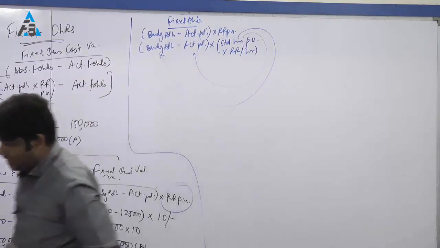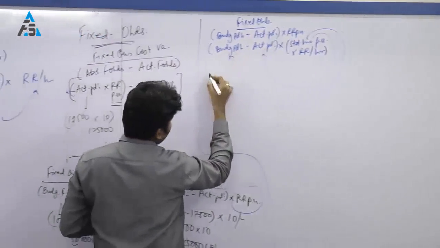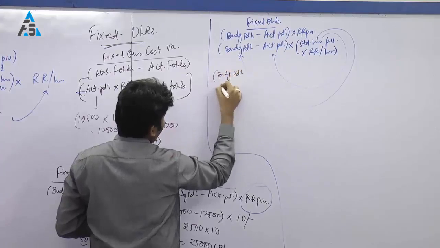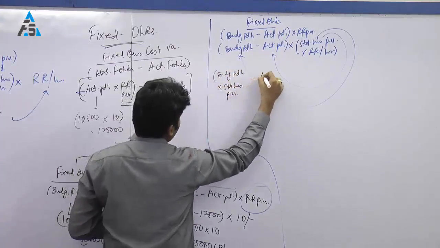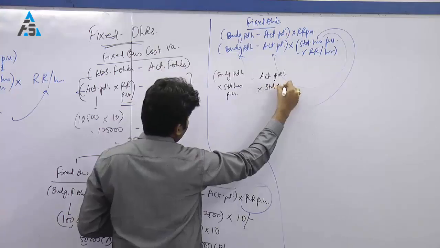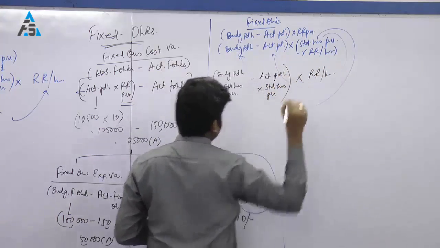So when I multiply it to both the bracket numbers, it will become budgeted production multiplied by standard hours per unit minus actual production multiplied by standard hours per unit, into recovery rate per hour which remains there.